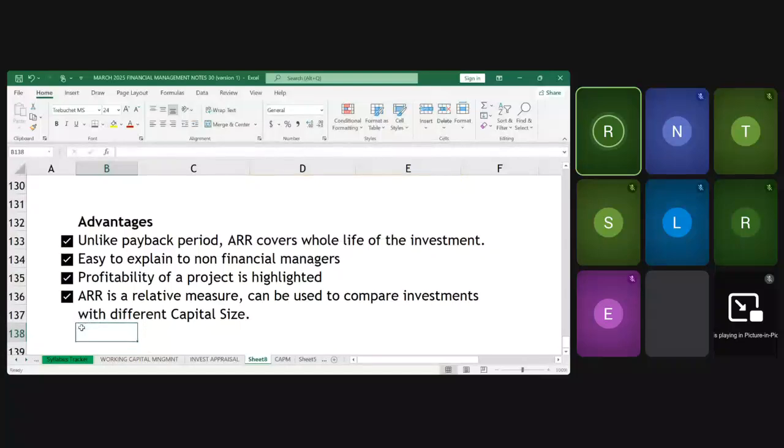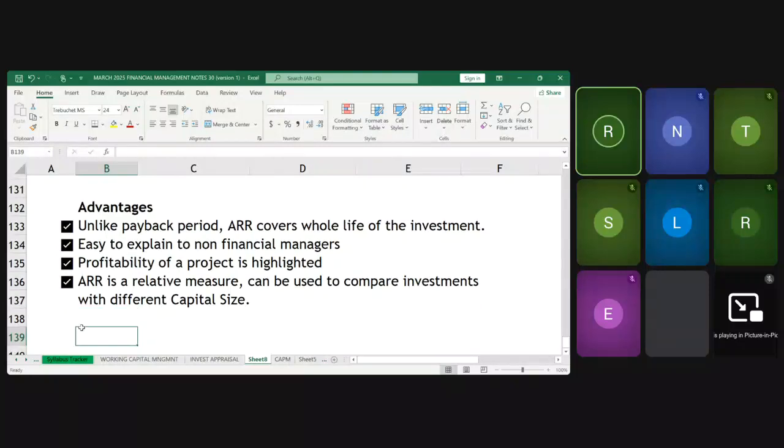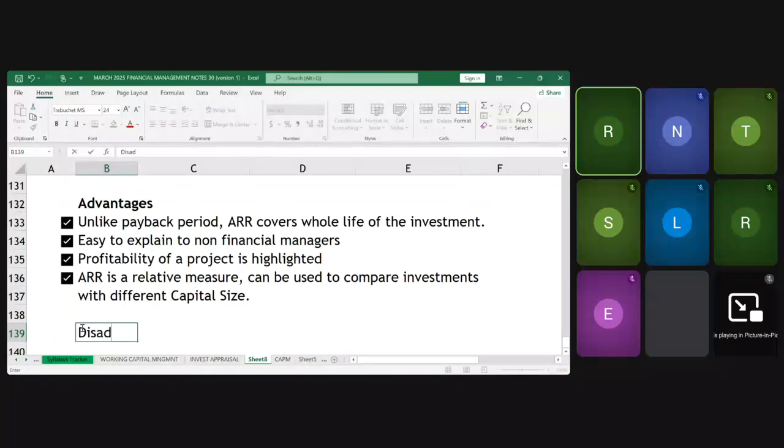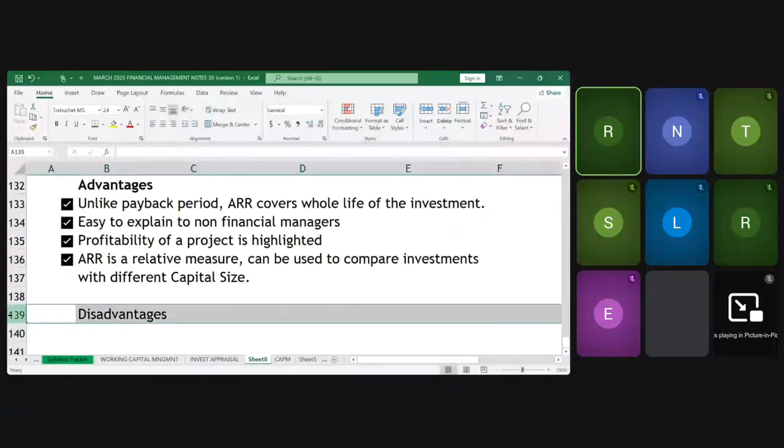So if we have two projects and these are mutually exclusive projects, we can't undertake them together. We have to choose one and leave one. It means that if we use ARR, we just compare and take the one with the highest ARR. Those are the advantages. Disadvantages of using ARR. What are the disadvantages?